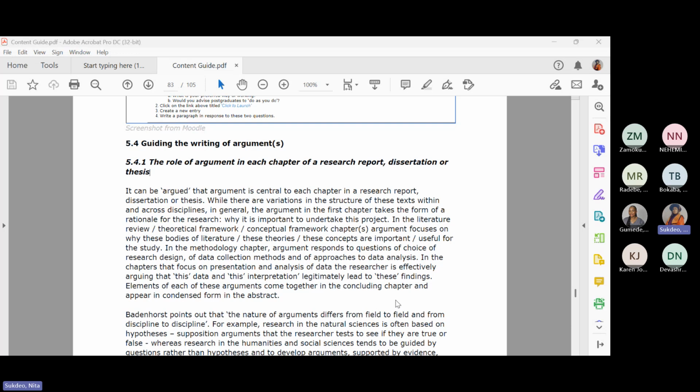And then do you teach them how to do sentence construction, right? Not teaching, but supervise them and guide them on sentence construction, paragraph construction, how to have a flow from one sentence to the next sentence, supported by references, how one paragraph flows into the next paragraph, building an argument before you actually come to the conclusion. Zamokushle and then Lindiwe.